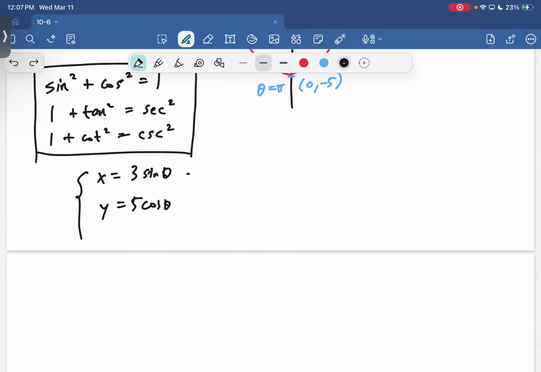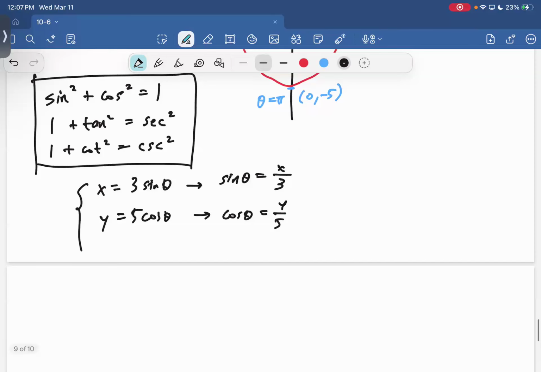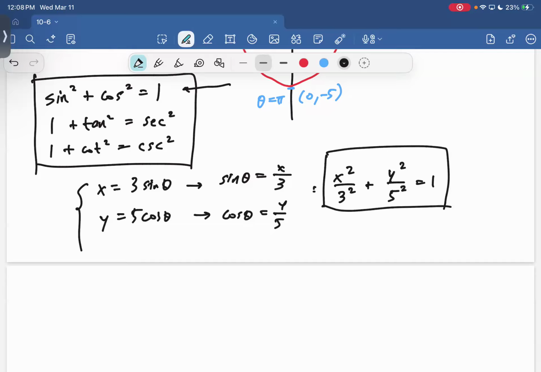Sine theta equals x over 3, and cosine theta equals y over 5. If we plug that into sine squared plus cosine squared equals 1, which we know has to be true, we get x squared over 3 squared plus y squared over 5 squared equals 1, which is an ellipse. Easy. This is an ellipse with semi-minor axis 3 and semi-major axis 5, centered at the origin, 0, 0.